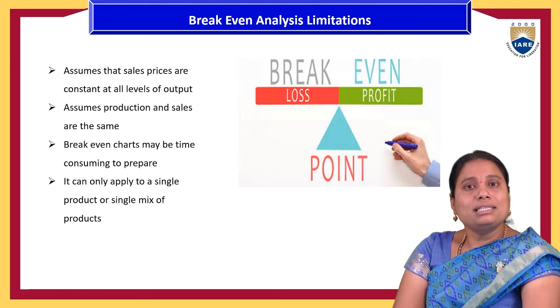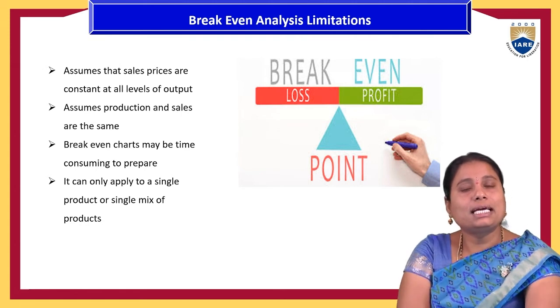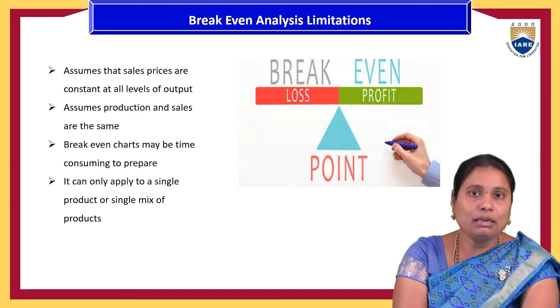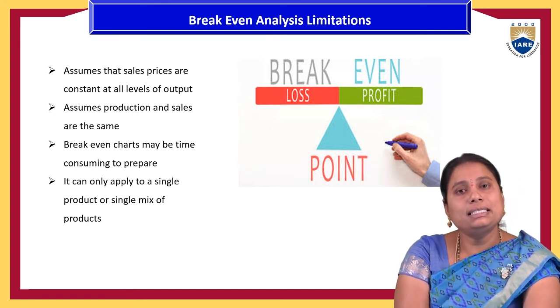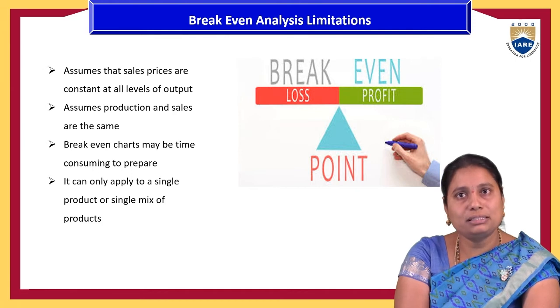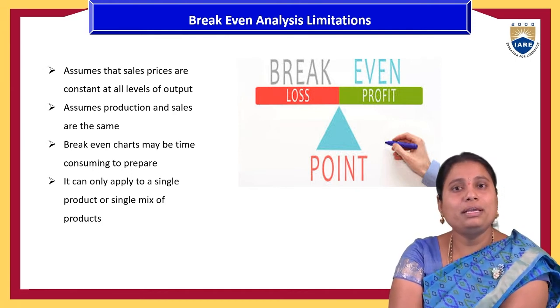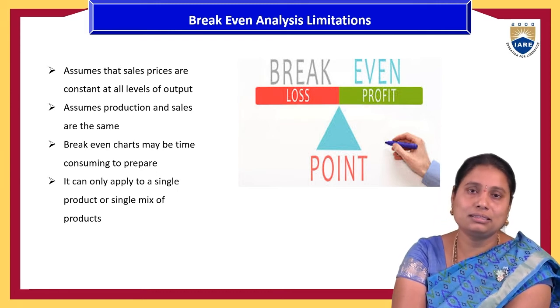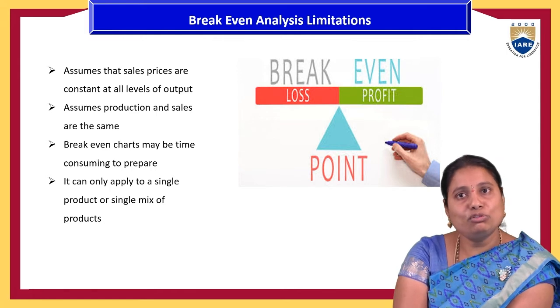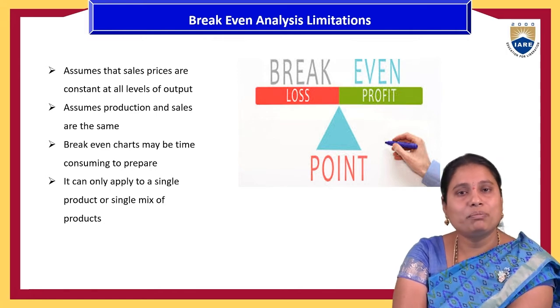Because of these assumptions, certain things might be possible in the real market and certain things may not be possible. That uncertainty in the assumptions of break-even is termed break-even limitation. That is, the assumption of a constant sales price at all levels of output may not realistically exist. That is one of the limitations of break-even analysis. And there is the assumption that production and sales are the same.